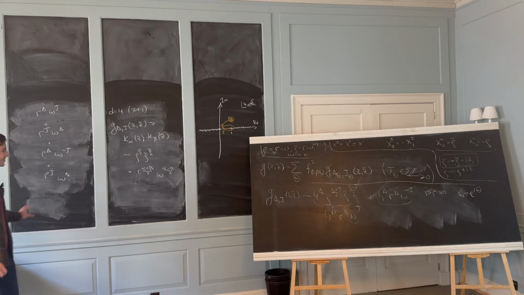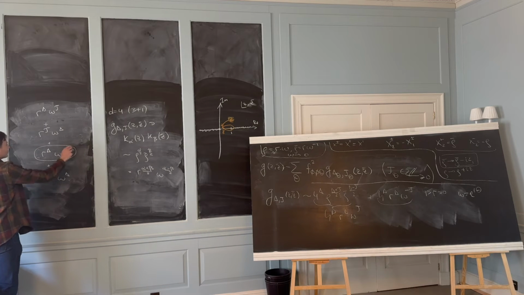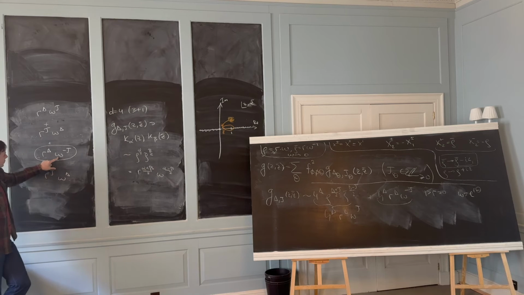Okay, let me just finish this thought and we're going to take a break. In any case, you see that we have this term, which is going to give us trouble when omega is small and j is getting large.